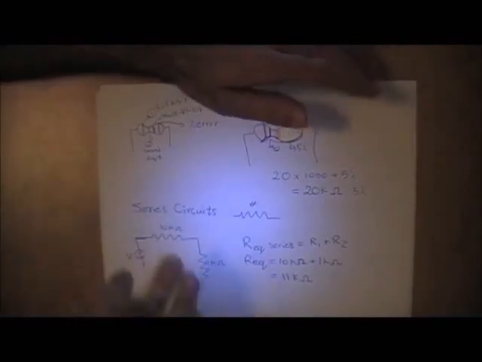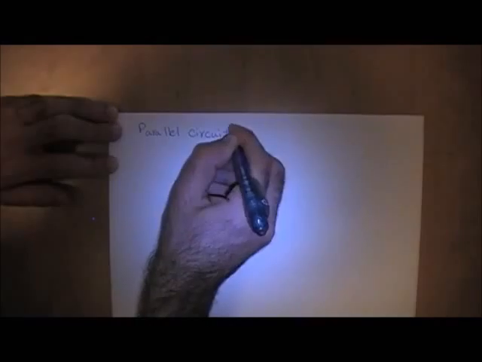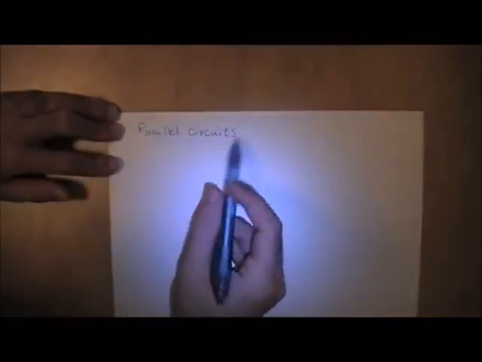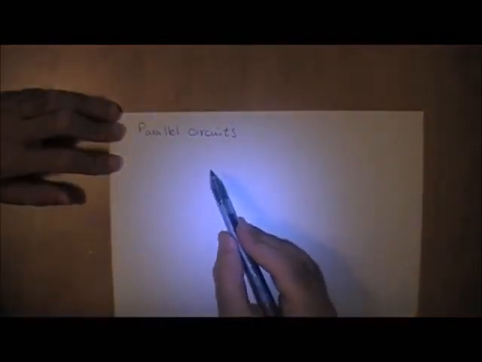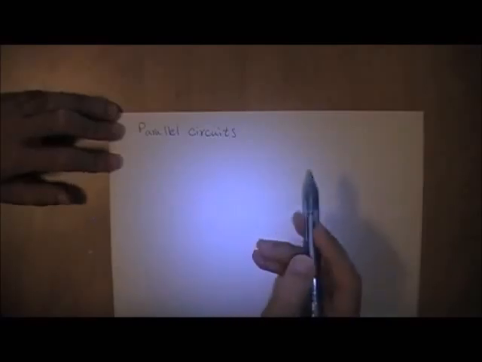Pretty easy, right? Now let's see if we can find the equivalent resistance of a parallel circuit. Parallel ones are a little bit tricky. So in parallel circuits, the resistors are going to be placed in parallel lines, which means that they're going to be in different branches.